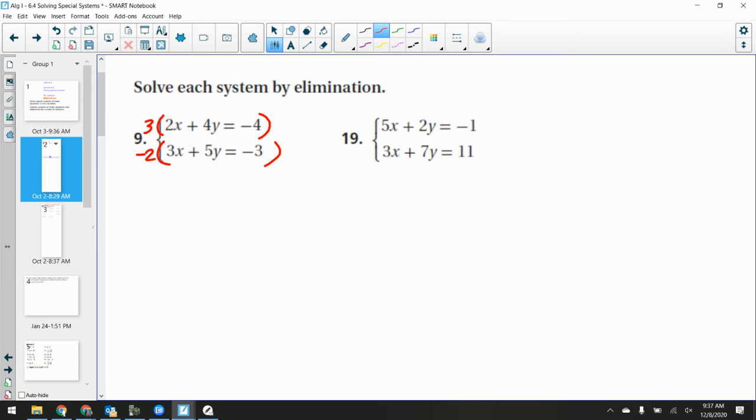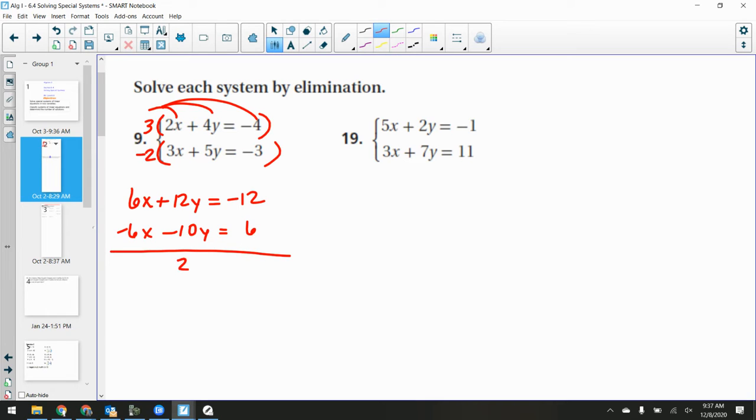So the top equation becomes 6x plus 12y is equal to negative 12 when I distribute in. The bottom becomes negative 6x minus 10y is equal to positive 6. So I've got 2y is equal to negative 6, and I divide by 2. y is negative 3.